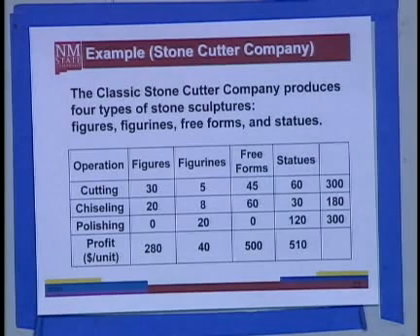The company's current workforce has production capacity sufficient to allocate 300 hours for cutting, 180 hours for chiseling, and 300 hours for polishing each week. Okay? And each figure sells for $280, figurines $40, freeforms $500, and statues $510. Okay?